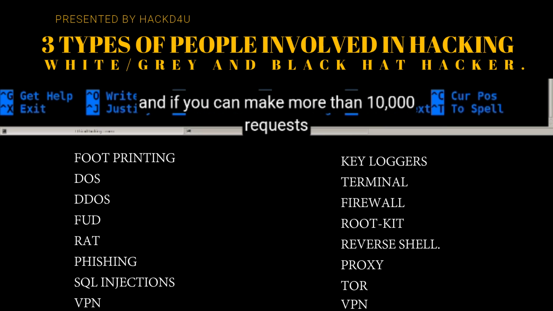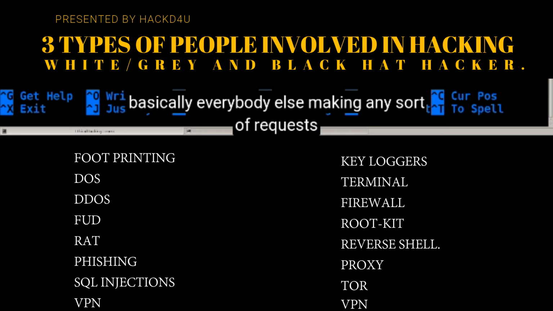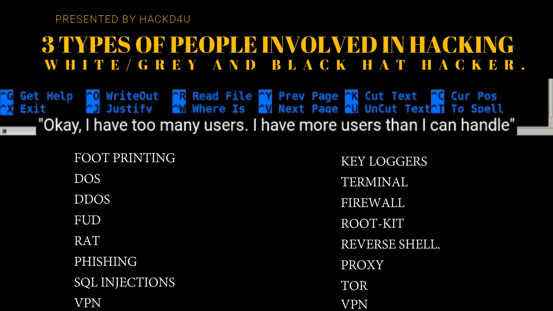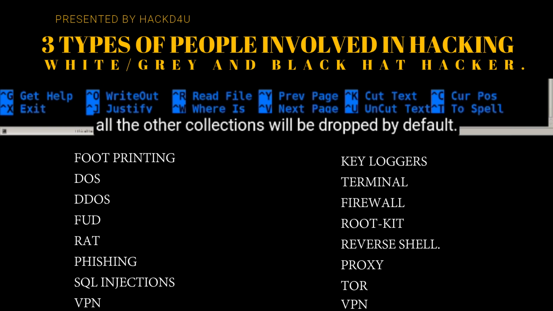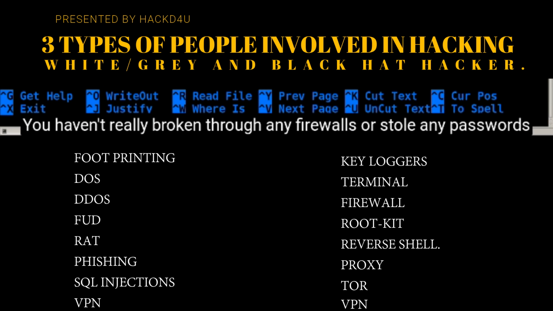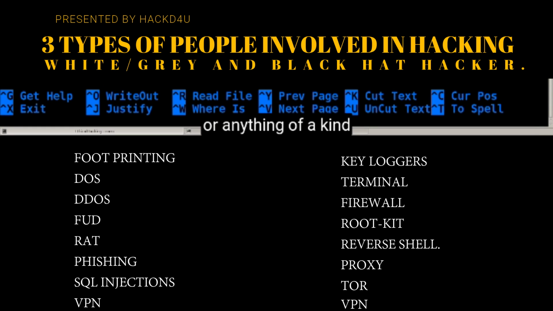And if you can make more than 10,000 requests, basically everybody else making any sort of requests will not be able to access the website because their connections will be dropped simply because Apache will say, okay, I have too many users, I have more users than I can handle, all the other connections will be dropped by default, thereby making the site inaccessible even though you haven't really broken any codes, you haven't really broken through any firewalls or stolen any passwords or anything of a kind.